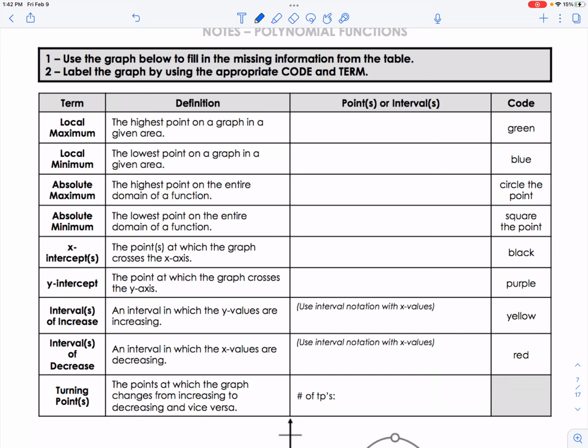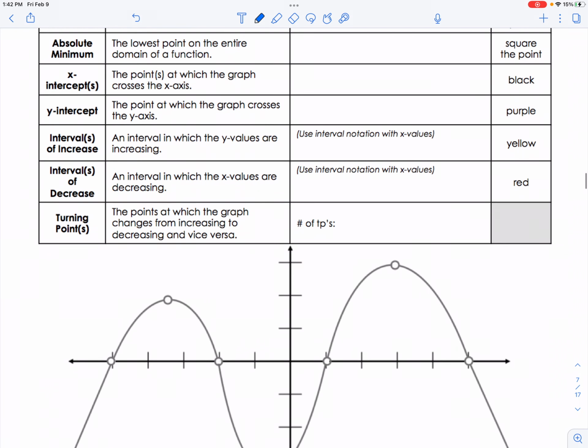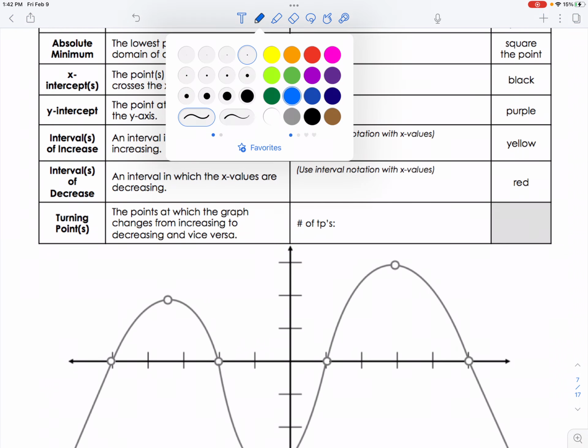All right, so what we're looking at here is we're going to color code those, and we're even going to circle and square in specific things if they exist. So looking at the local maximum, the highest point on a graph in a given area. So looking at our graph here in green, I'm going to color in the maximum.